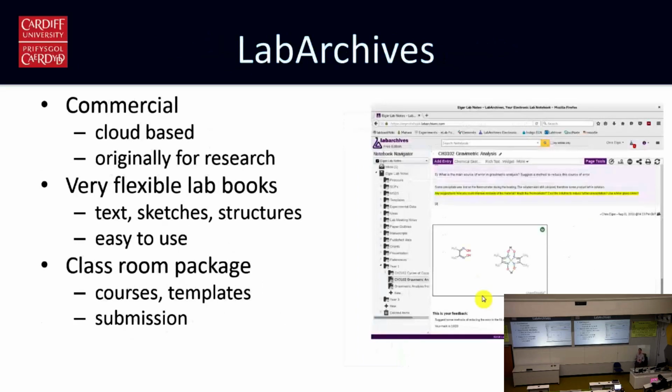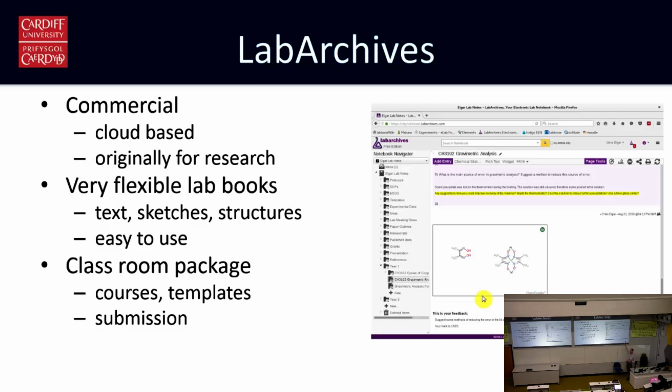So the other commercial system we looked at was one called LabArchives. Again, this is a cloud system. It was originally designed as a research lab notebook, but the company that produced it obviously realised that there was a market in teaching as well, and they have brought out a classroom package.